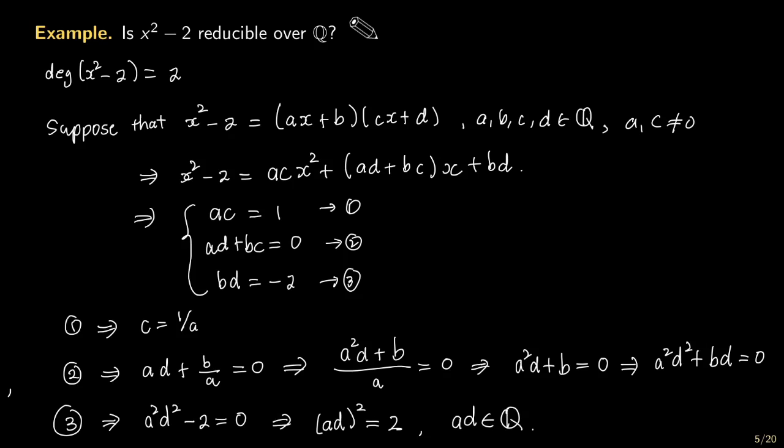Now we have learned that there is no rational number whose square is 2. There are lots of proofs out there. So therefore, this is a contradiction. Hence, we could not factor x squared minus 2 as a product of two linear factors. Therefore, it's irreducible. So x squared minus 2 is irreducible over Q. That's the answer.